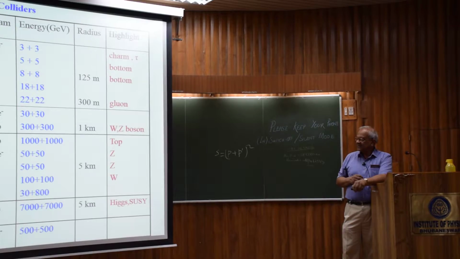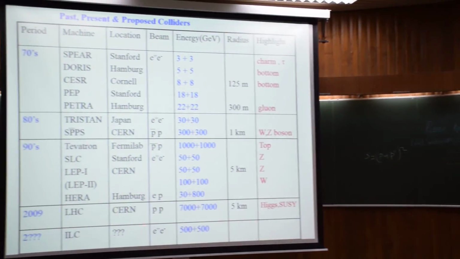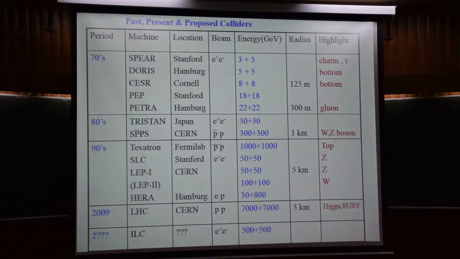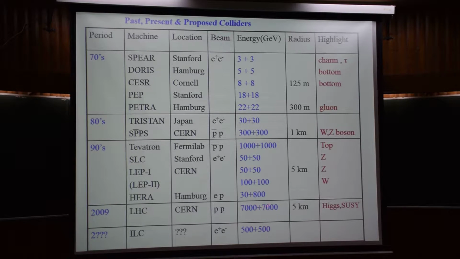The new particle study kind of machine is the Large Hadron Collider with a center of mass energy of 14 TeV. It is in the same tunnel as LEP, so the radius is 5 km. But even if you take out the factor of 6, you still get an effective center of mass energy of 2 TeV, 2000 GeV, which is an order of magnitude more than the Tevatron.